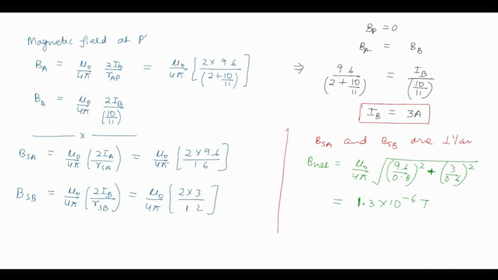Now in the next part, the question is asking us to calculate the force per unit length on the wire B. This is the third part. I already specified the working formula, that force per unit length is written as mu naught I1 I2 upon 2 pi r.